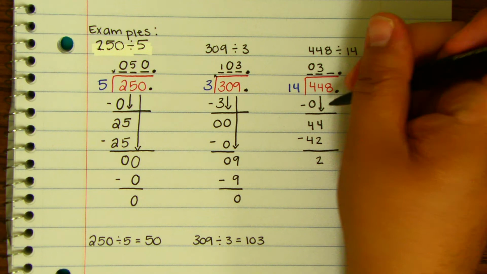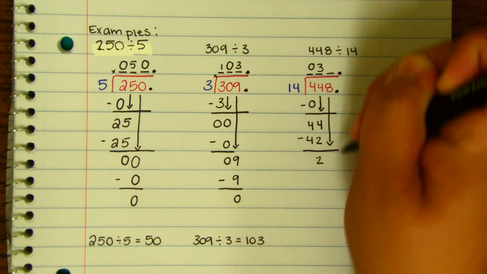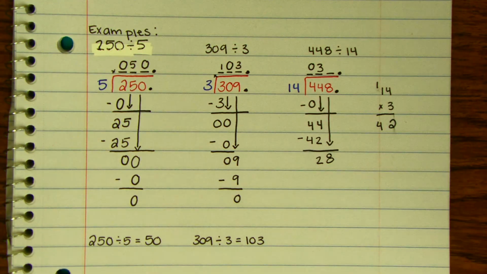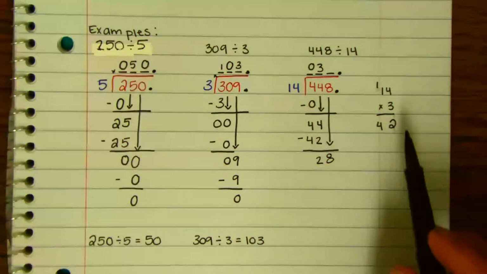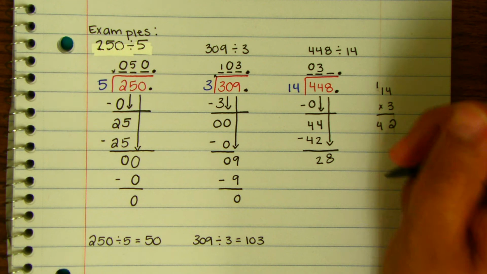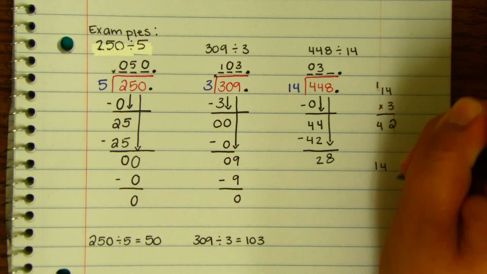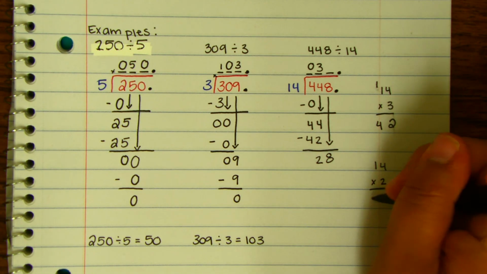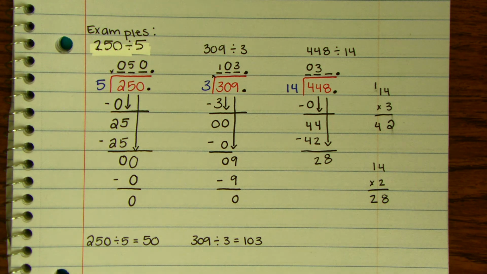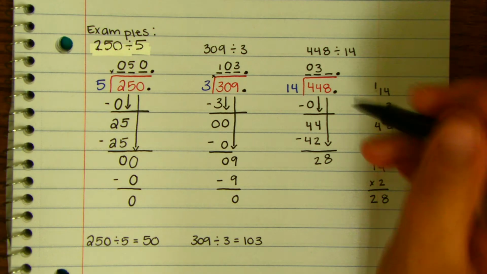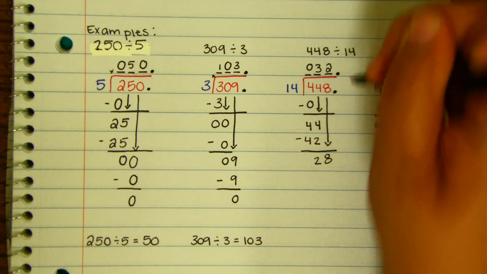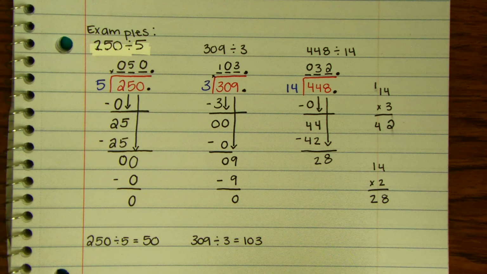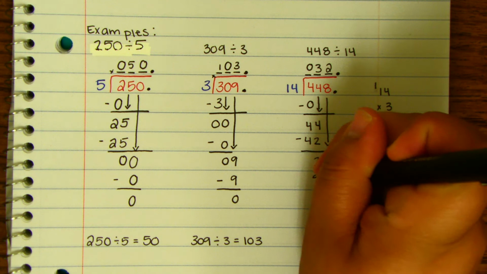My next step in dividing is to bring down the next number, and I have 28. Well, I know that 14 times 3 was too large, so let's try 14 times 2. So 14 times 2, 2 times 4 is 8, and 2 times 1 is 2. That's 28. That's exactly what I needed. So above my little house, I'm going to write that 2. 2 times 14 I now know is 28.